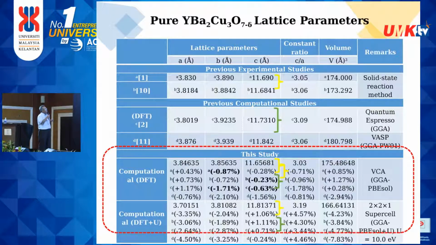Okay, see this for doped YBCO lattice parameter using DFT, right? So GGA PBEsol is very close for Ag, x equal to 0.2. And also for antimony, x equal to 0.2. And for DFT plus U, because we have to make some correction, we can see that A is expanded about twice because we use a supercell.